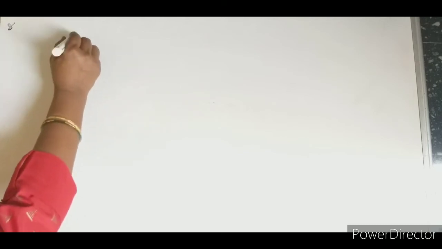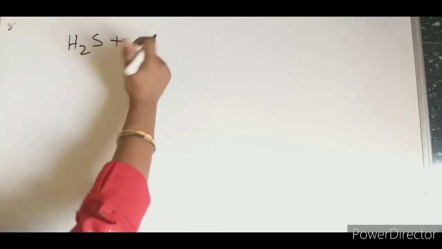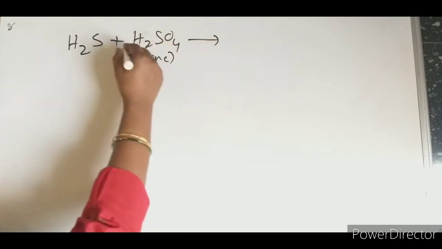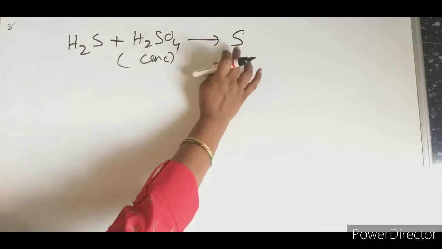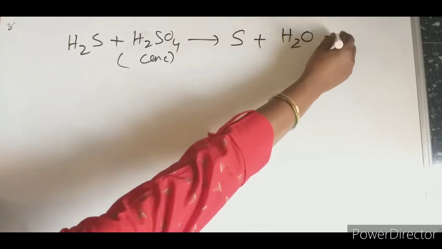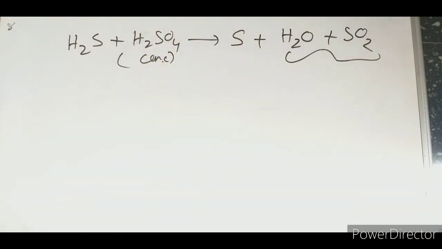So here for inorganic compounds, let us take H2S with concentrated H2SO4. What does it give rise to? It gives rise to sulfur, which is a yellow suspended particle. Here will be water, along with SO2. These two are the common products when we are taking concentrated sulfuric acid. So here 2 water.